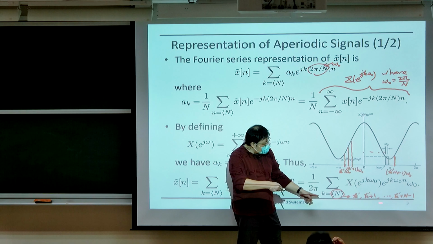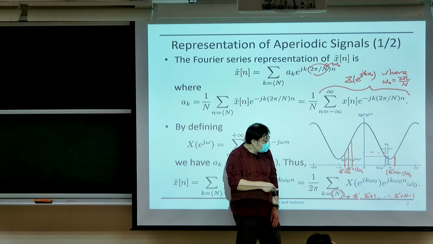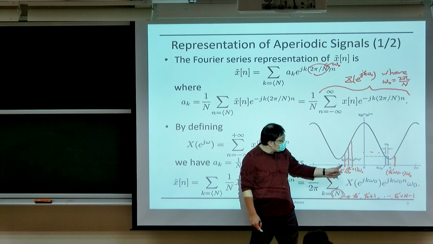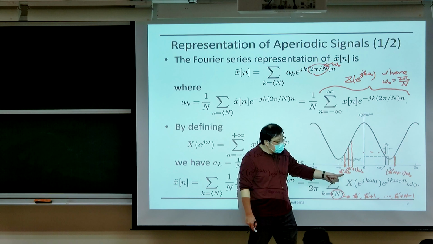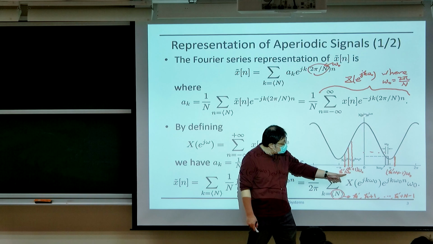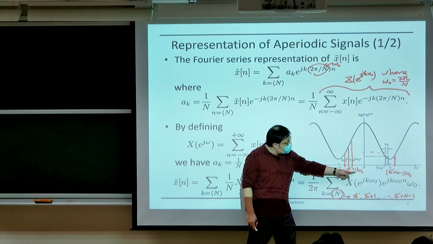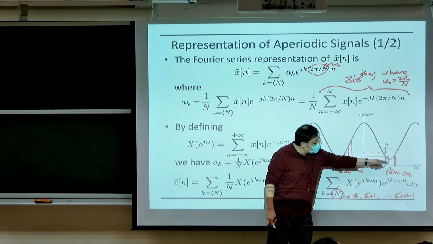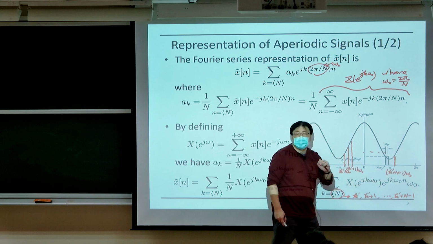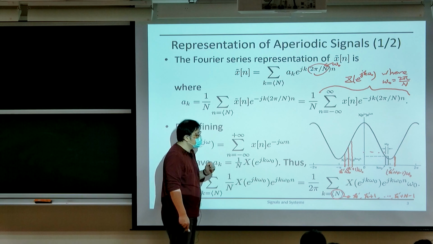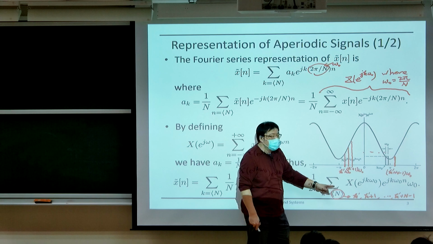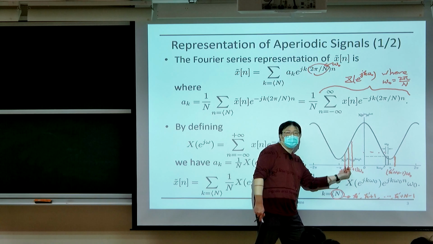So for these capital N consecutive values, if you plug them in, this part is essentially sampling at the points k prime omega naught, k prime plus 1 omega naught, and so on, up to the last sample, which is k prime plus N minus 1 omega naught. Now, each sample is multiplied by omega naught, which is the duration between samples.